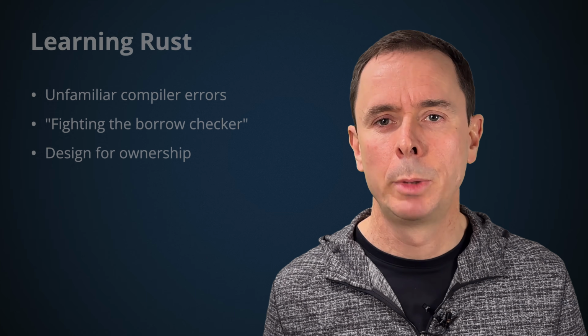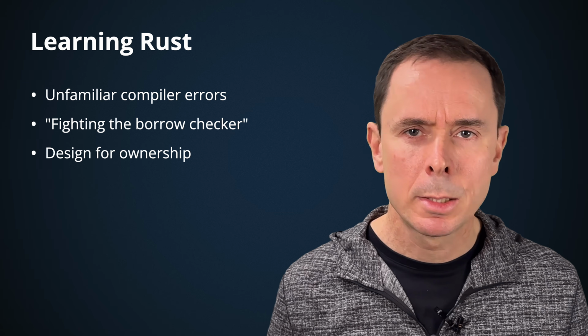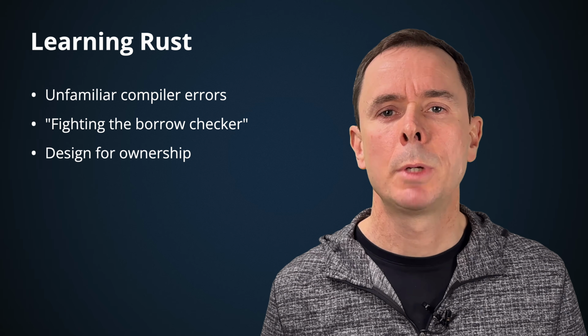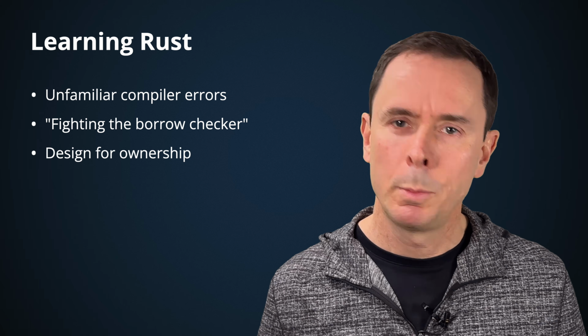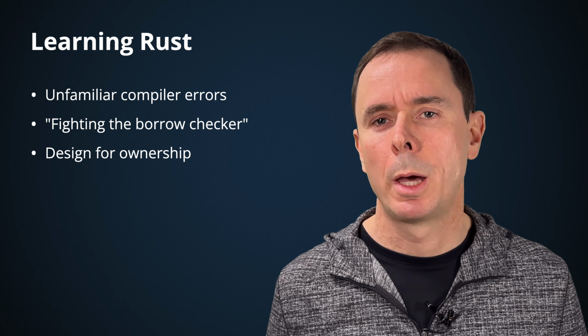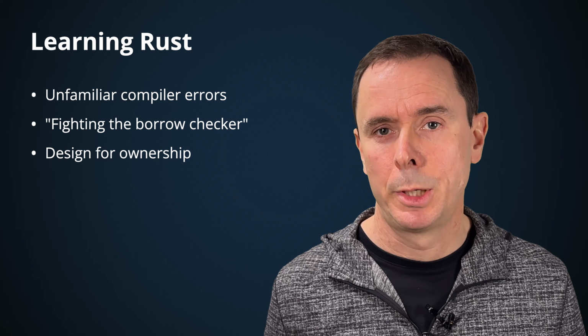Of course, catching memory safety bugs at compile time means running into new interesting compiler errors when you write code that breaks the rules. Coming from other languages, these errors will be unfamiliar. To really understand the ownership system, you need some experience bumping into those errors and fixing them. When people are learning Rust, they often talk about a period of fighting the borrow checker.